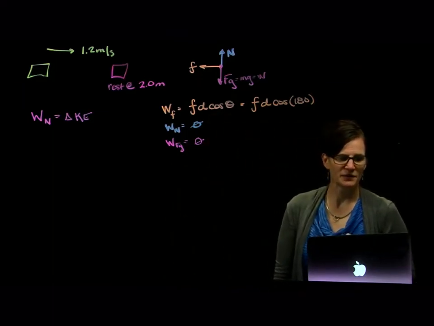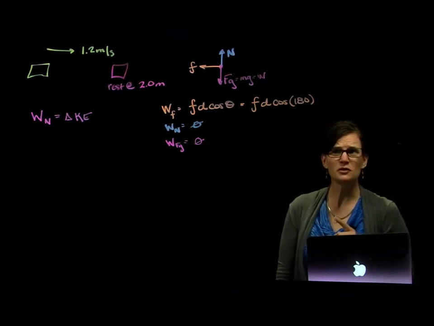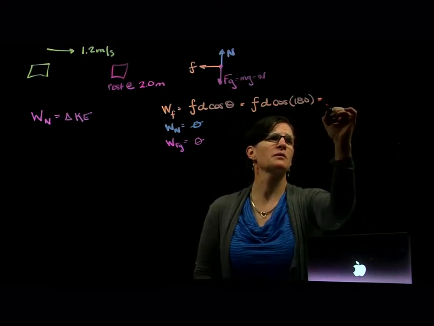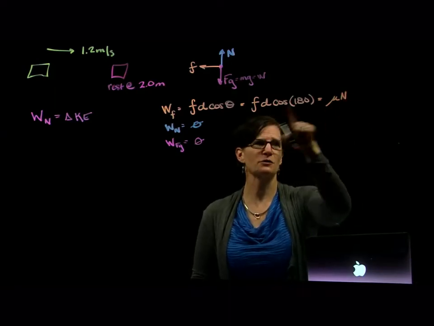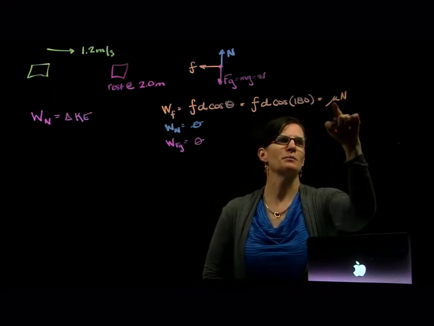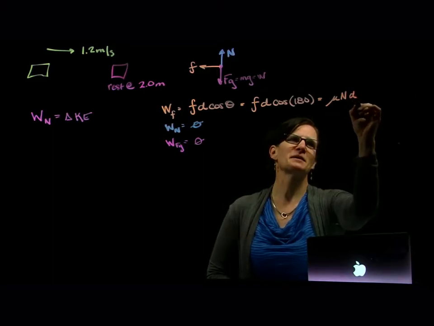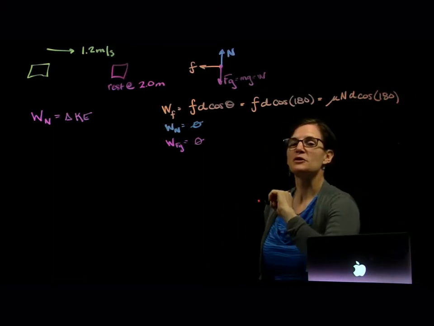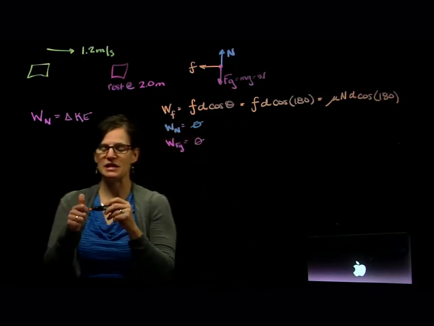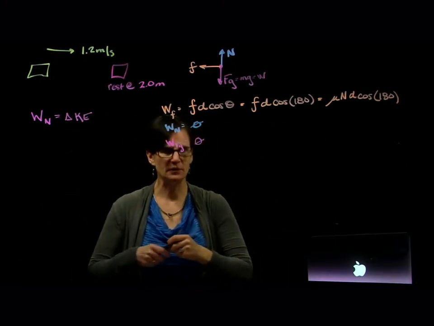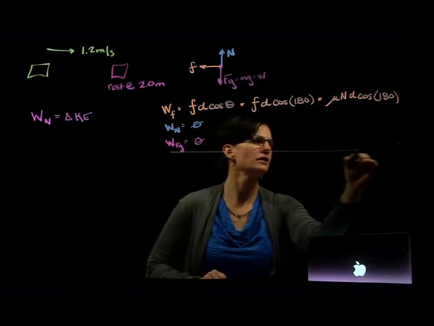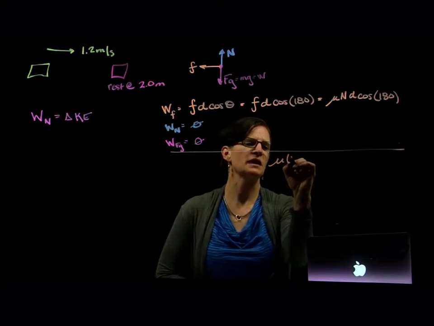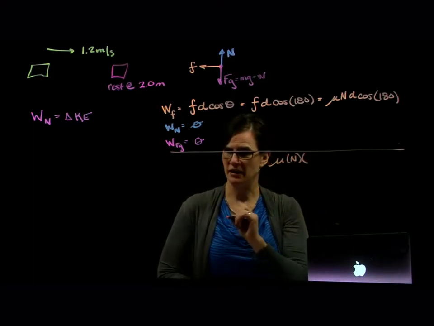We're interested in the coefficient of friction, not just the frictional force. So we recognize that our frictional force is related to mu times N, times the displacement, times the cosine of 180 degrees. If we add up all of these works, 0 and 0, we end up with mu times N, neither of which we know.